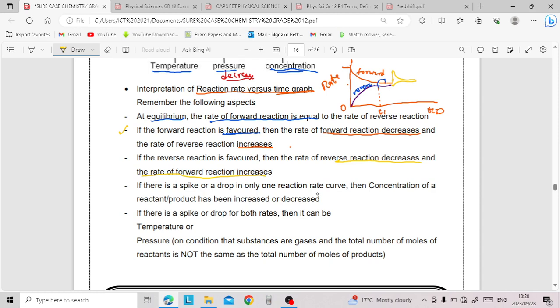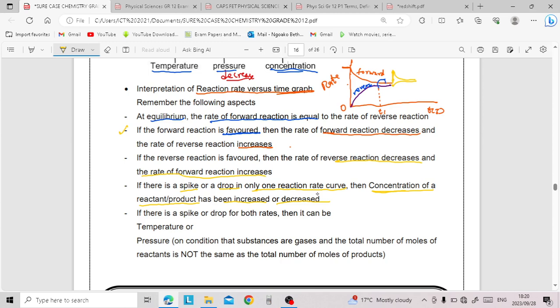If there is a spike or a drop in only one reaction rate curve, then the concentration of a reactant or product has been increased or decreased. So if there is one spike like this here, for the forward direction, it means there was an increase in concentration.